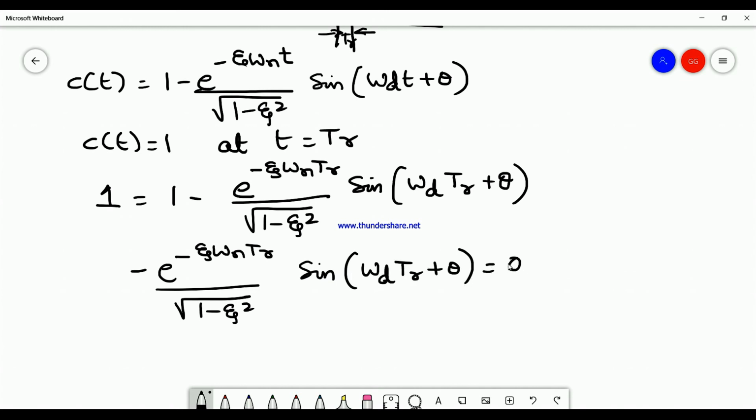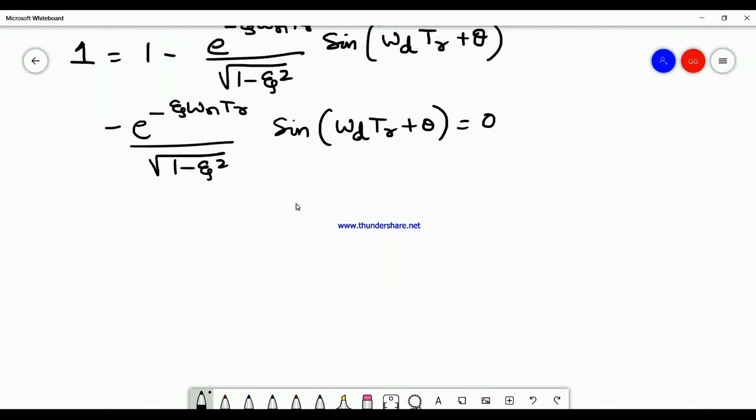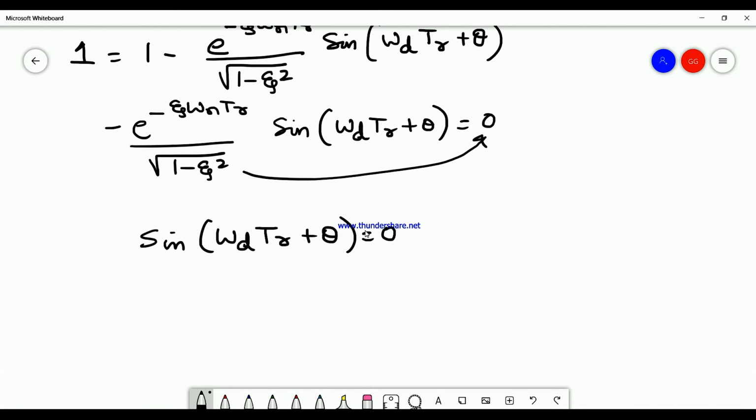Now again this root of 1 minus zeta square gets multiplied by 0. Therefore finally you will see that sine of omega d TR plus theta would be equal to 0, as e power minus zeta omega n TR is not equal to 0.